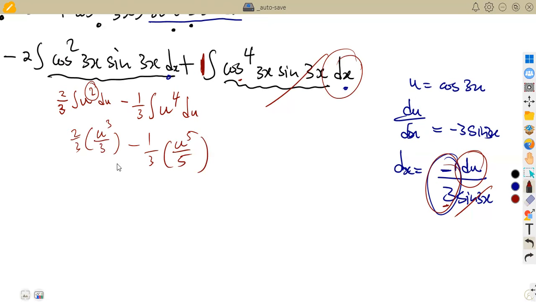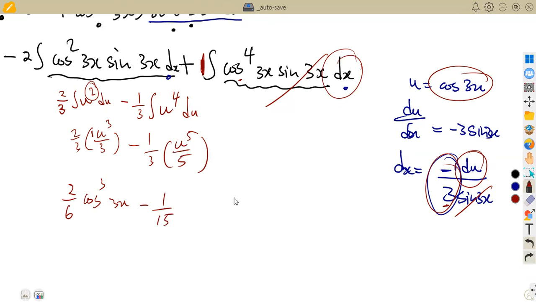We're going to talk about that. So now you can substitute the constants that we have here, which is going to be 2 times 2 over 3 times 1 over 3. It's going to be 2 over 6, so that's 2 over 6 cos to the exponent of 3 of 3x. Plus, sorry, there's a negative there. That's negative 1 over 3 times 1 over 5, so negative 1 over 15.